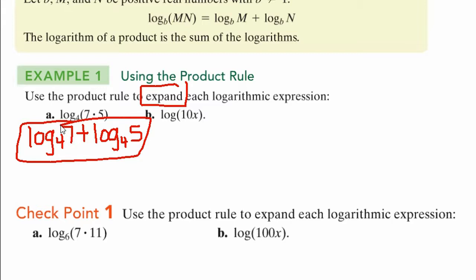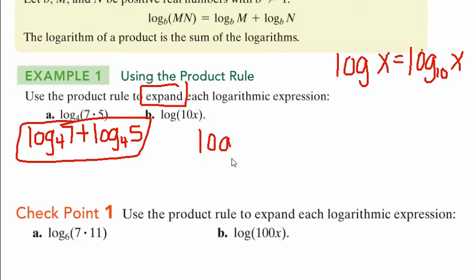When I have log of 10x, that's really 10 times x. Now notice there's no number on the base here. If there is no base listed, then that's base 10, the base of our number system. So 10 and x are being multiplied, so I'm going to expand them as addition. I get log of 10 plus log of x.